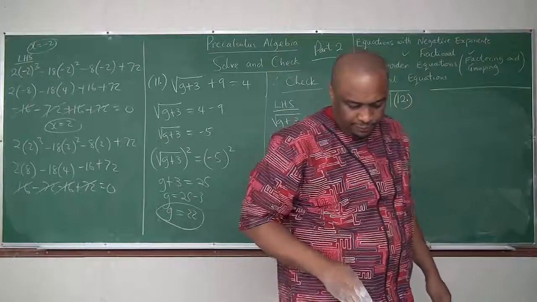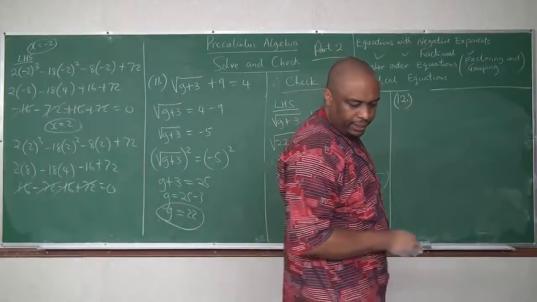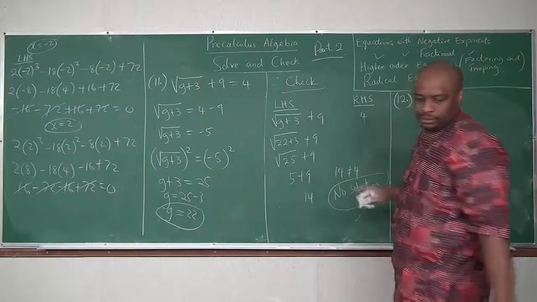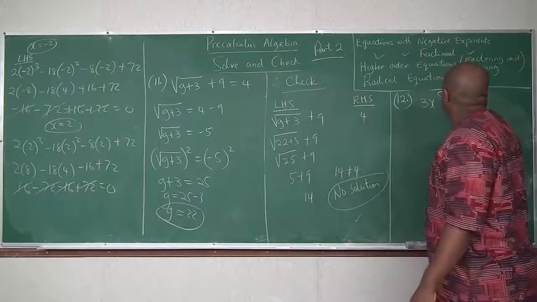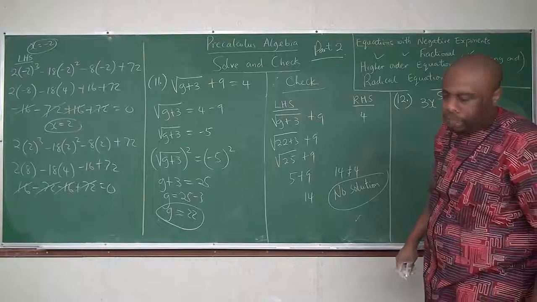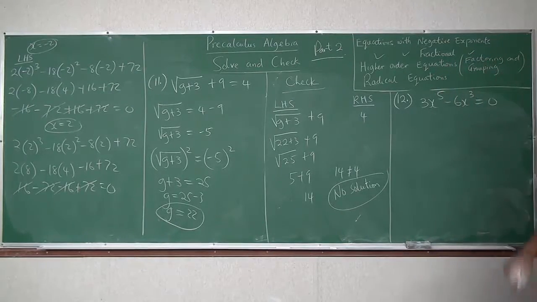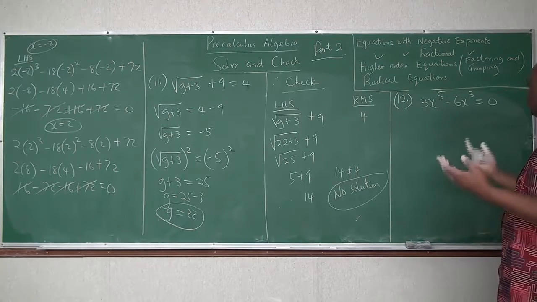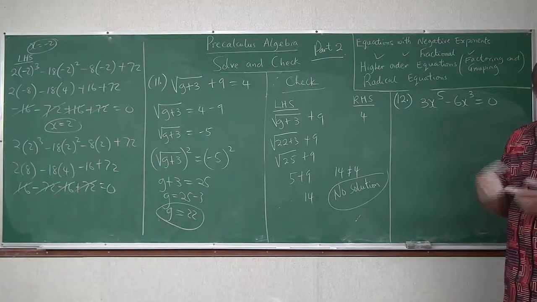We have 3x to the 5th minus 6x cubed equal to 0. Okay? So here we first of all factor by GCF.